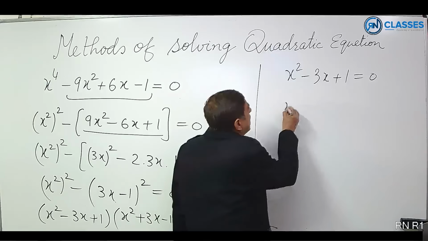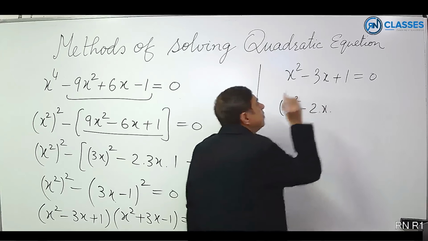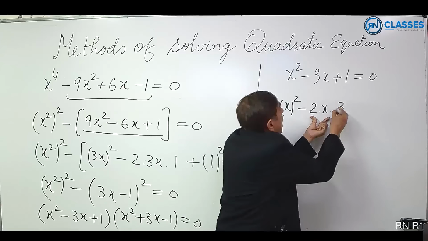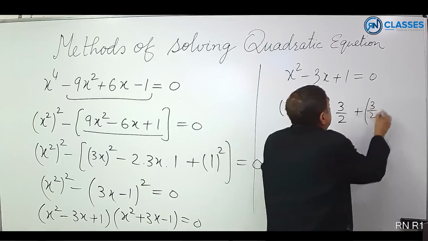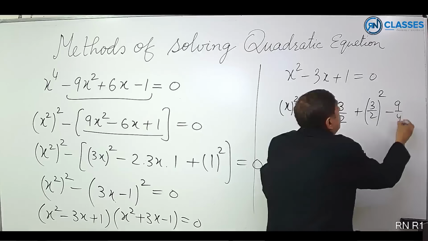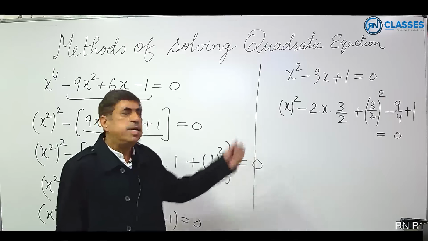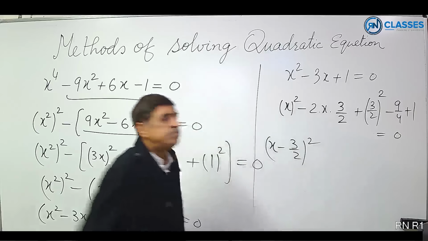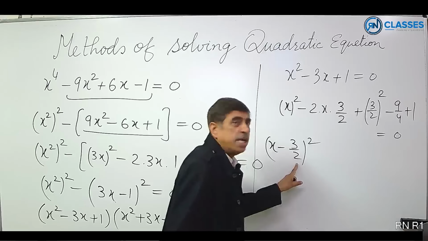So I can write this as x square minus 2 into a, x into. Tell me the quantity. It is 3x. Here it is 2x, so 3 by 2. It means you have to add 3 by 2 square. And what do you have to subtract? 3 by 2 square is 9 by 4, plus 1 equal to 0. What does this quantity become? x minus 3 by 2 whole square. a square minus 2ab plus b square is a minus b whole square.